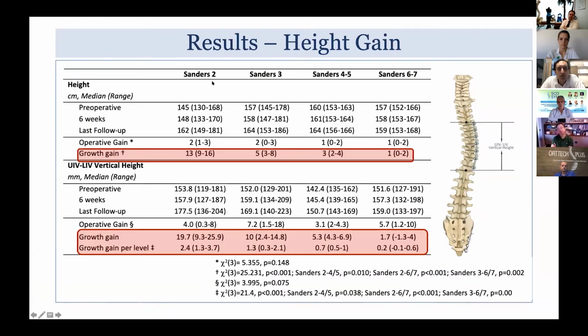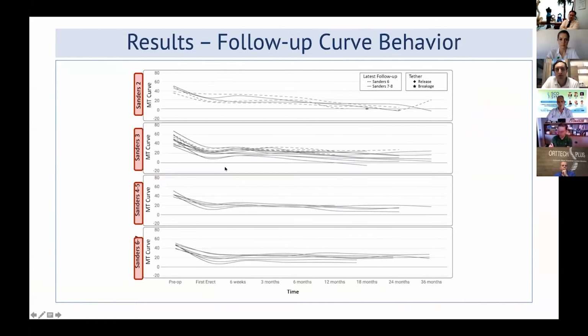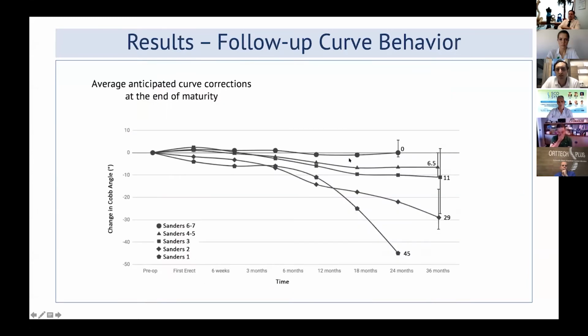We have shown that these different groups grow in their height like 13 centimeters, 5 centimeters, 3 centimeters, or 1 centimeter, according to different groups. And also they grow in the part that's actually operated. This growth has led to correction over time after the surgery. And this is the graph that has all of them together.